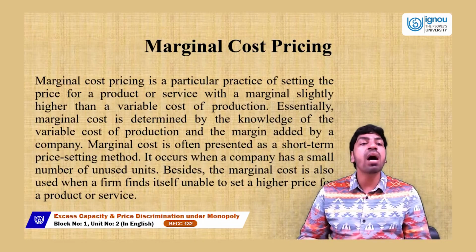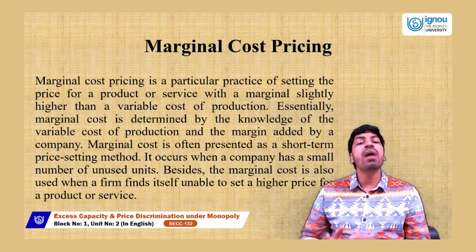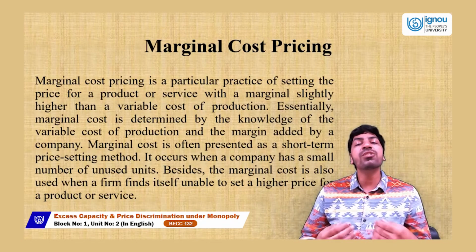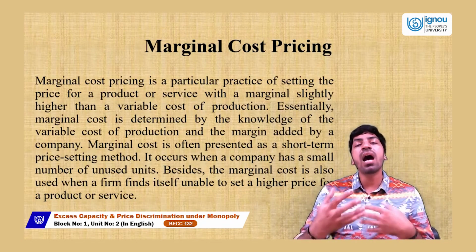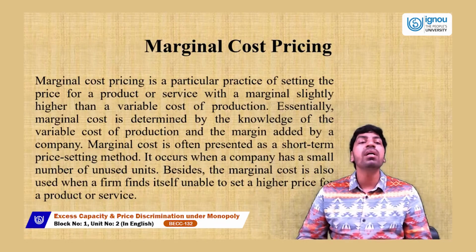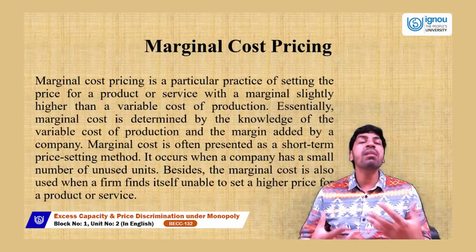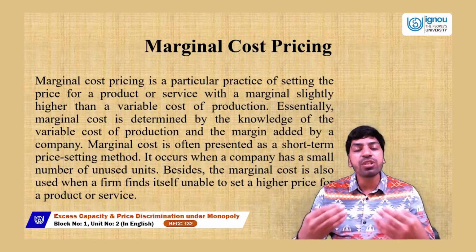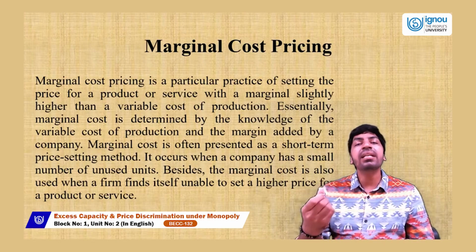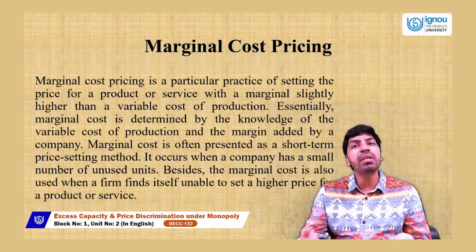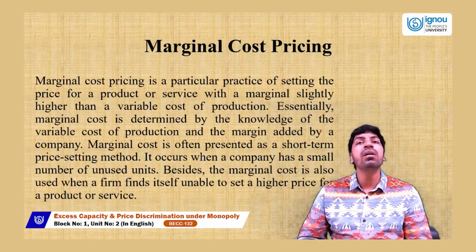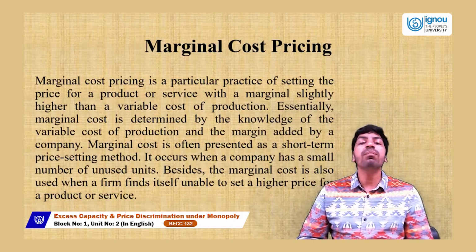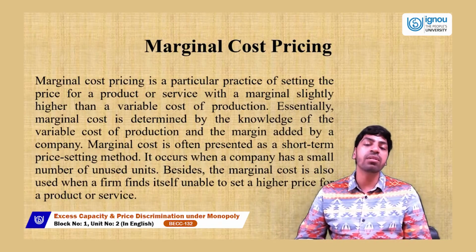That is called marginal cost pricing. It is just a practice of how firms set the price of that product or service, slightly higher than the variable cost of producing it, and that is called marginal cost pricing.